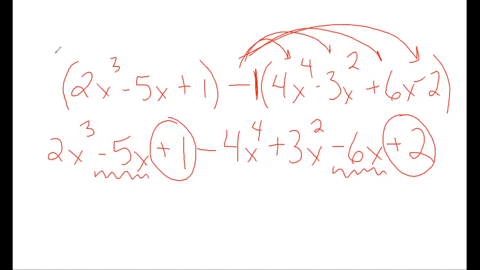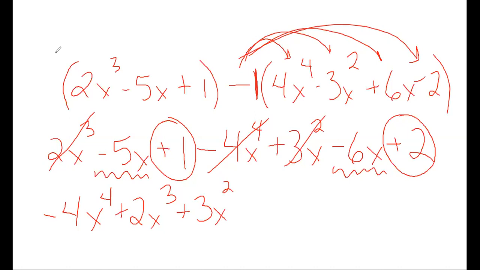But the rest don't have any like terms. So I'm just going to copy those down. And remember, in descending order. So I'm leading with negative 4x to the fourth, because that's my highest exponent. And then I have plus 2x to the third, because that's my next highest exponent. And then plus 3x squared.